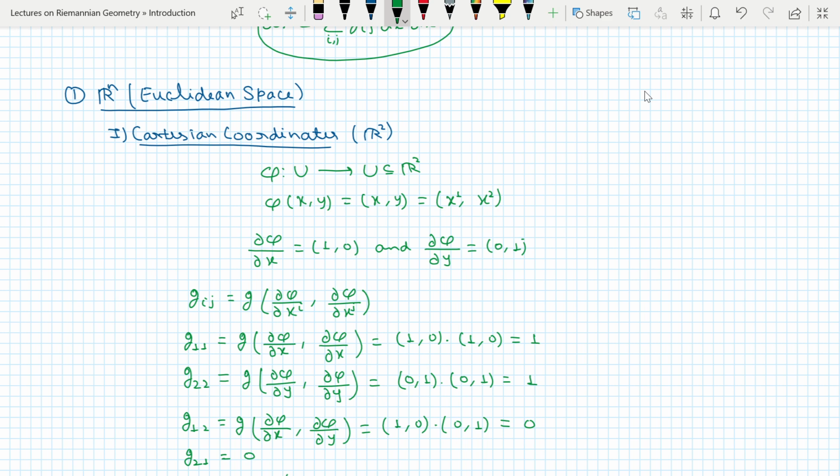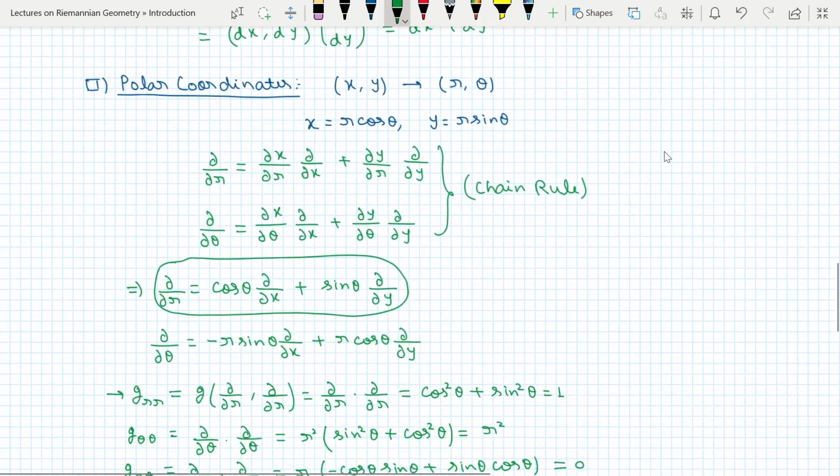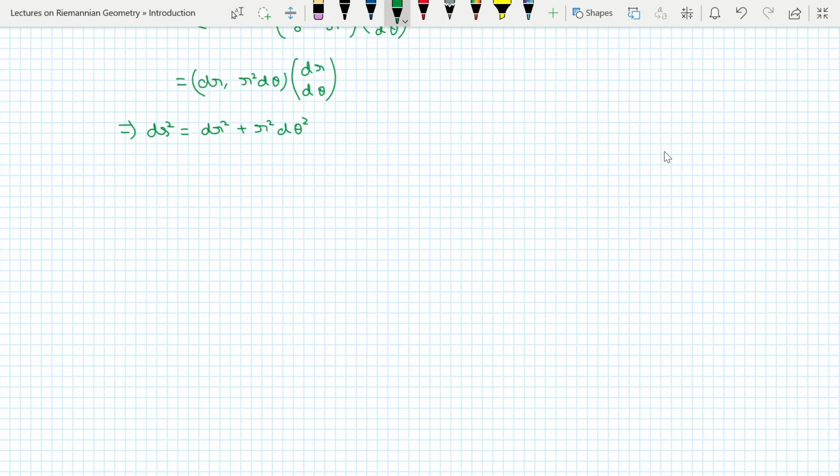So this was just the first example, the very basic example, but I wanted to explain it in detail. The second example would be the sphere, but I will not discuss that in this video because I want you to first check, in the case of the sphere S², that S² is a topological manifold.